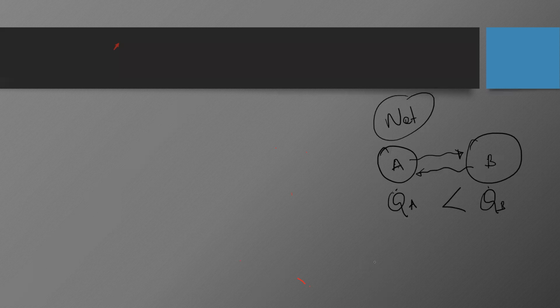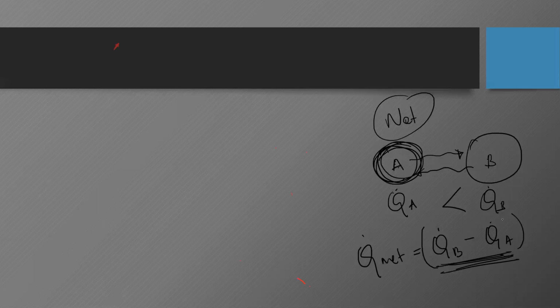Then q dot net is equal to q dot B minus q dot A. Then what will happen? A will receive this amount of energy. Also, B will emit this amount of energy, right?